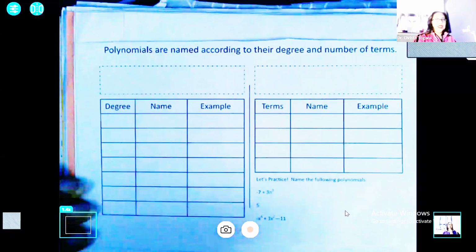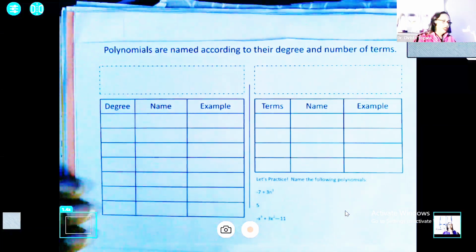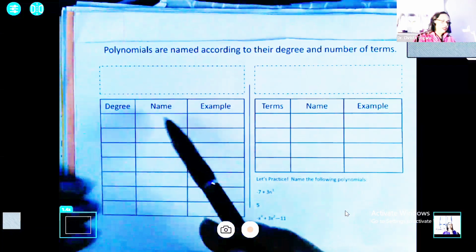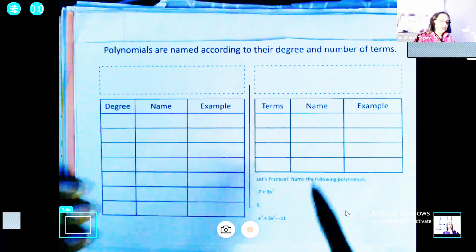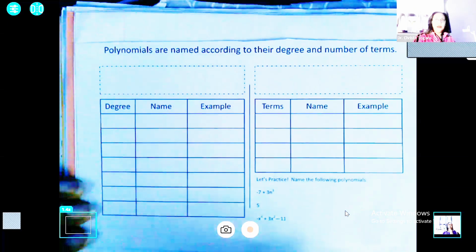Okay, so for this other graphic organizer that I like from Math Equals Love, we're going to have the same type of degrees and the names, and then we'll have an example, and then we'll talk about the terms. What I like to do is make students aware that they need to look for the highest degree in their polynomial.